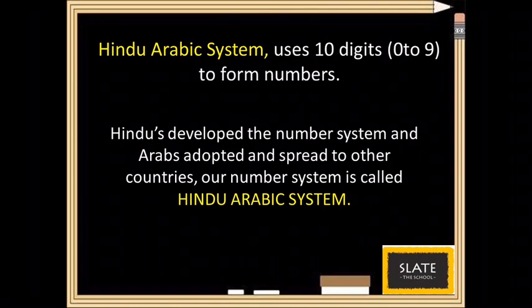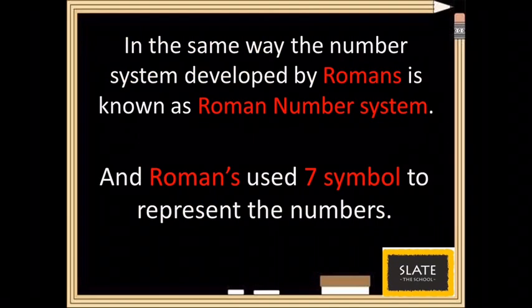As Hindus developed the number system and Arabs adopted and spread to other countries, our number system is called Hindu-Arabic system. In the same way, the number system developed by Romans is known as Roman number system.